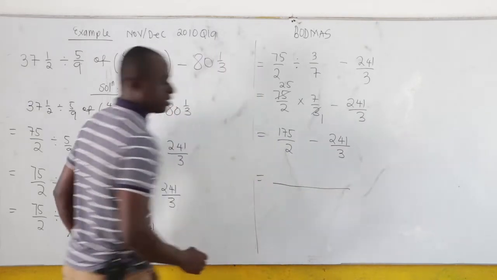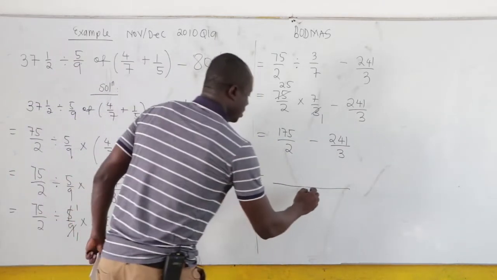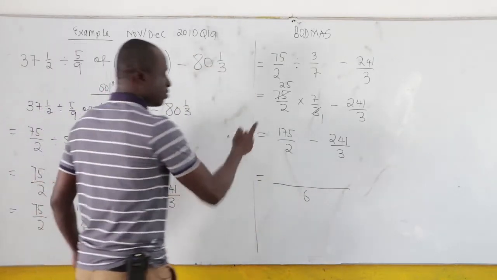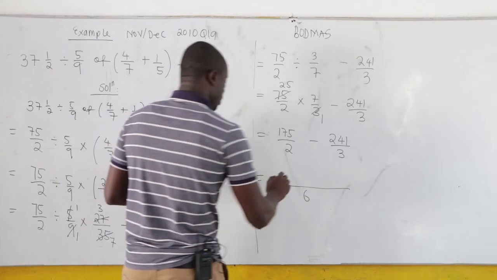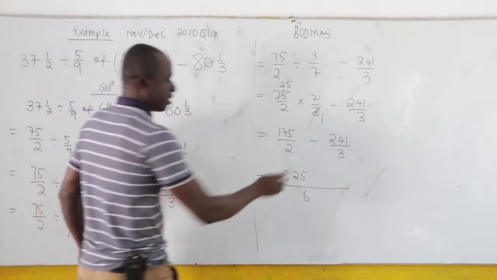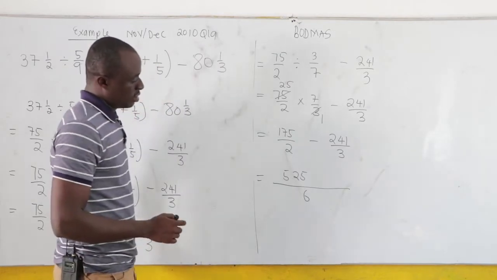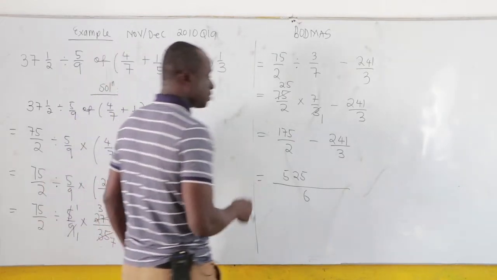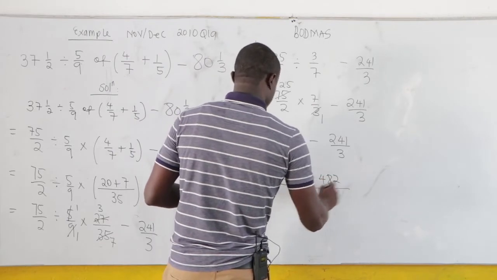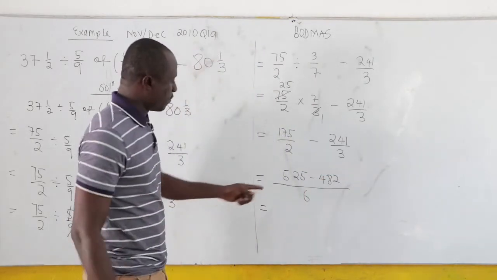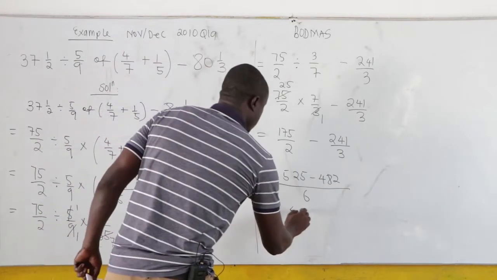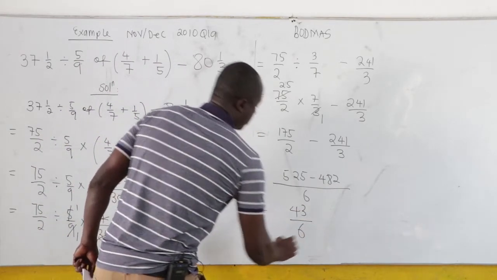Now from here, what is the LCM? LCM is 6. Now how many times will 2 go into 6? 3 times. 3 times 175, we have 525. Now 3 will go into 6, that is 2 times 241, and that is 482. Now 525 minus 482, and this is 43 all over 6.